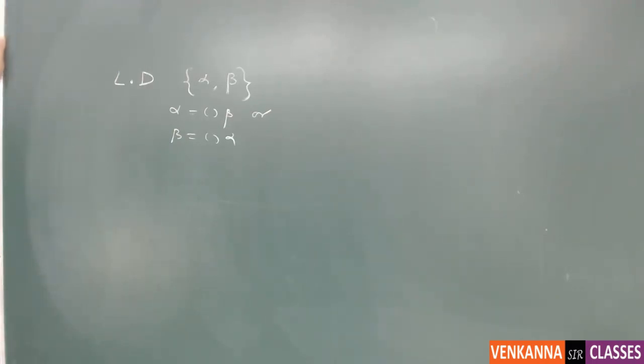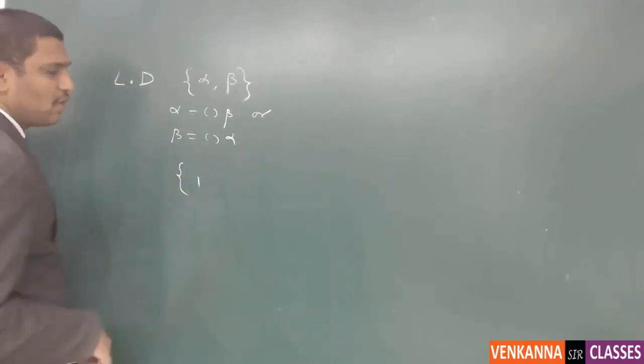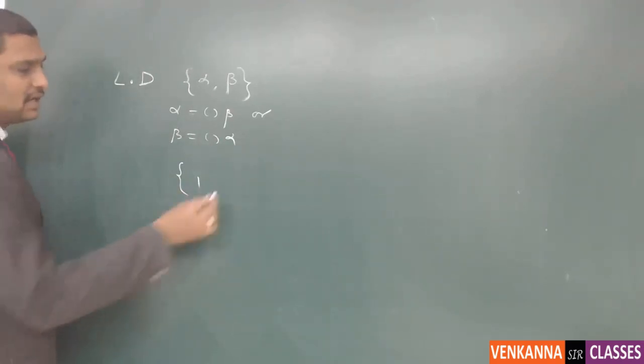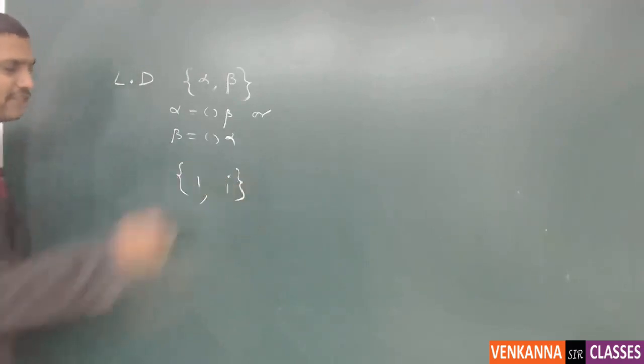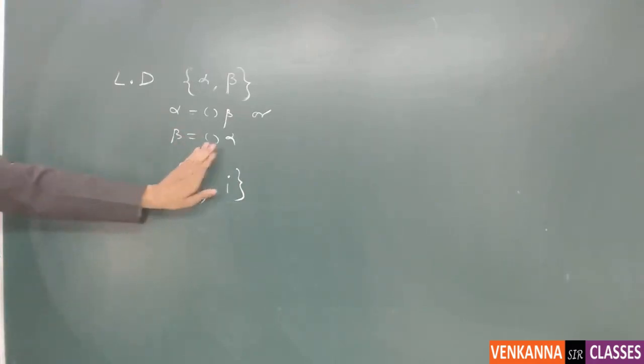Now, I am taking a small example that I took a set having 1 as a vector and i as another vector. Please understand that I have taken one-dimensional vectors where there is only one coordinate. This is one vector and this is one vector.